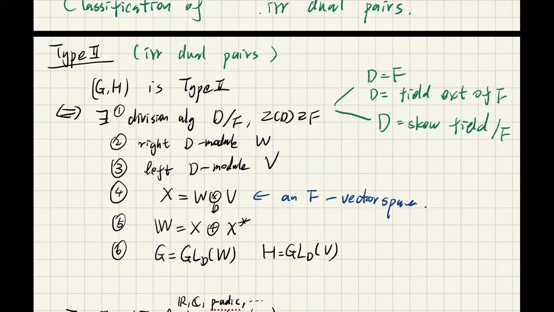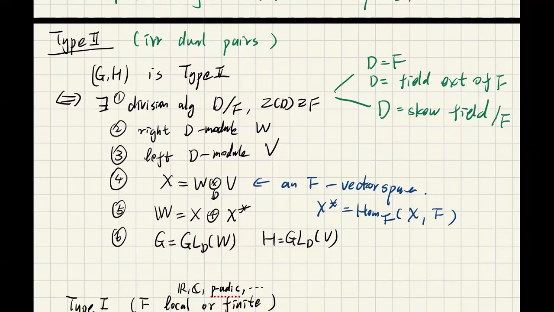Then you can consider the direct sum of X and X star, where X star is just the dual space, Hom(X, F). There will be a natural pairing between X and X star, and the symplectic form is given by (x, y), (x', y') maps to y'(x) minus y(x').